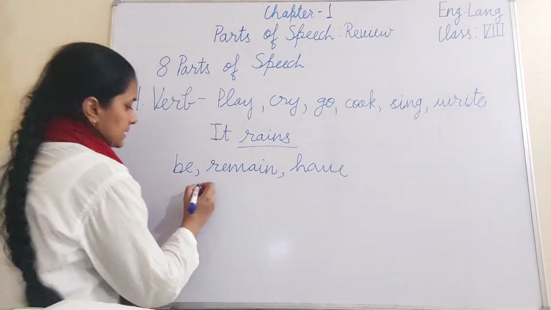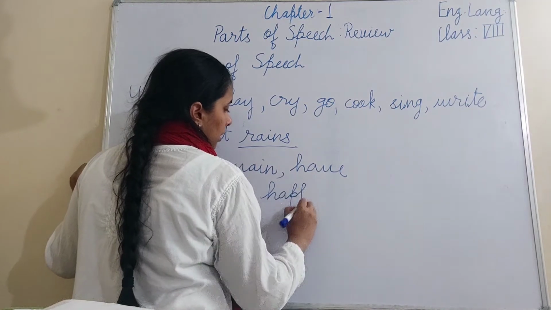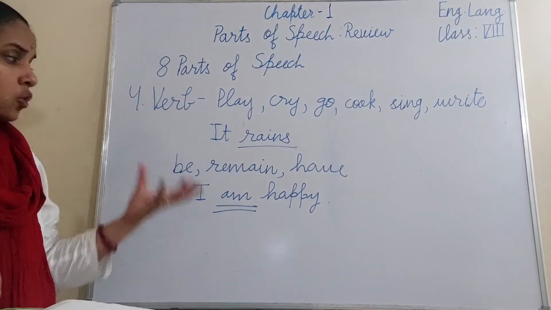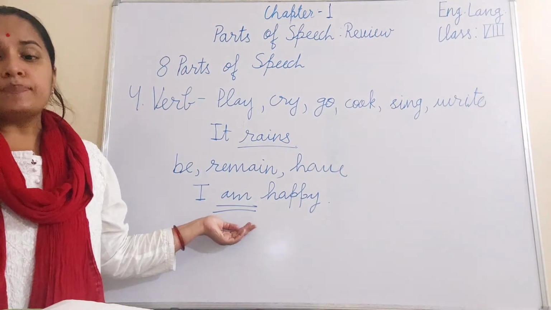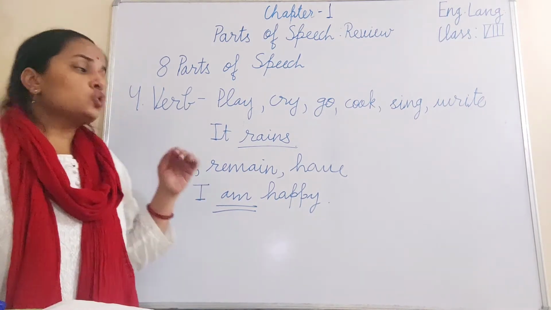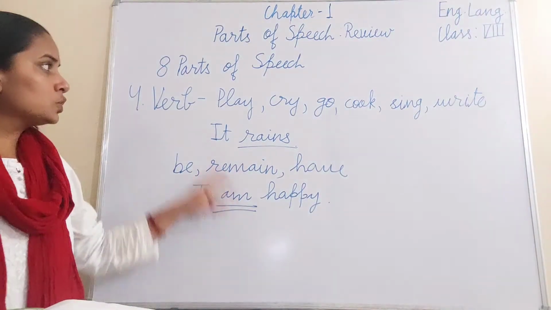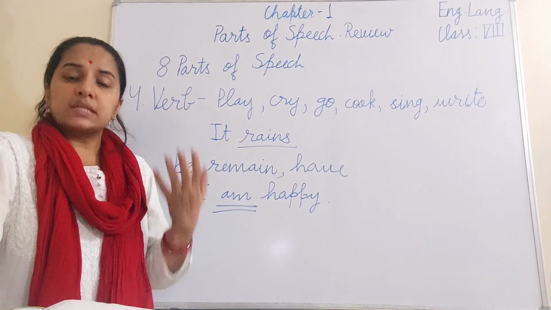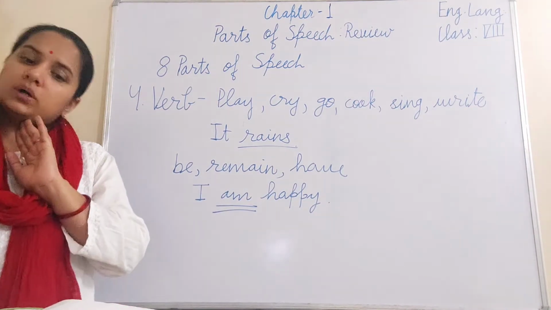So here in this sentence, I am happy. This am is the form of be. So what is this sentence stating? This sentence is stating my condition, that I am happy. So this is also considered as the verb only. So the main verbs and the verbs which denote some state or condition, all those words come under the category of verb.